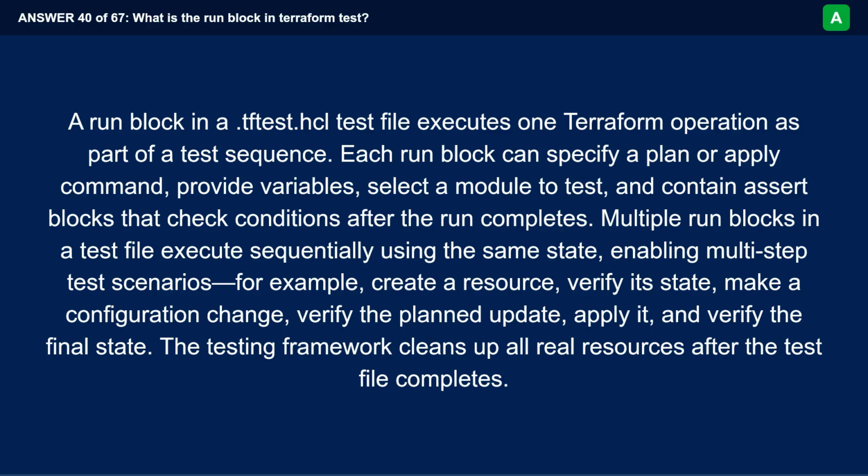Multiple run blocks in a test file execute sequentially using the same state, enabling multi-step test scenarios. For example, create a resource, verify its state, make a configuration change, verify the planned update, apply it, and verify the final state. The testing framework cleans up all real resources after the test file completes.